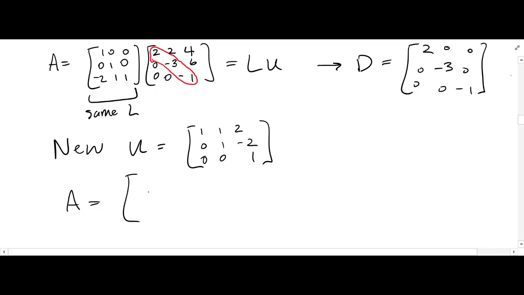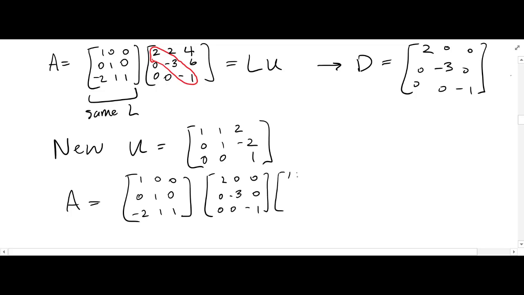So if you write A as LDU, then it's 1, 0, 0, 0, 1, 0, negative 2, 1, 1 times the diagonal matrix times the new U. So that's LDU. So if you know how to find the LU factorization, then you pretty much know how to find the LDU factorization.